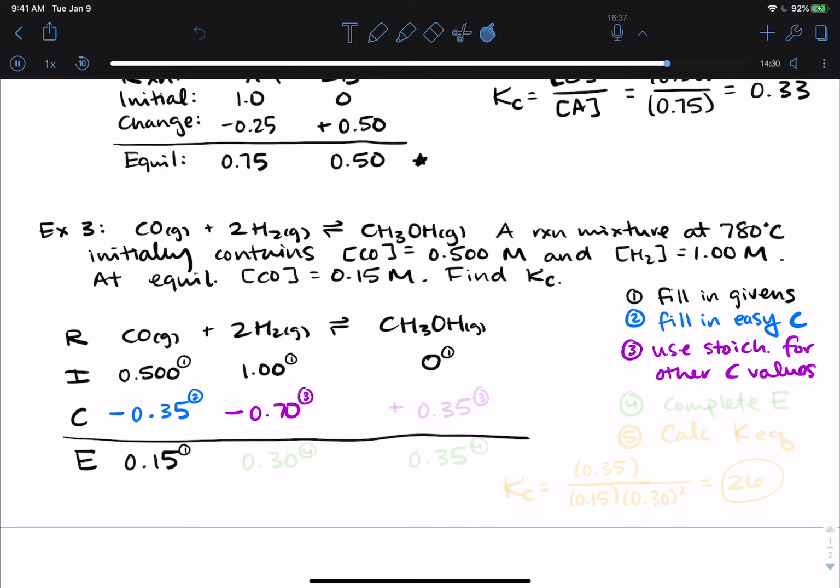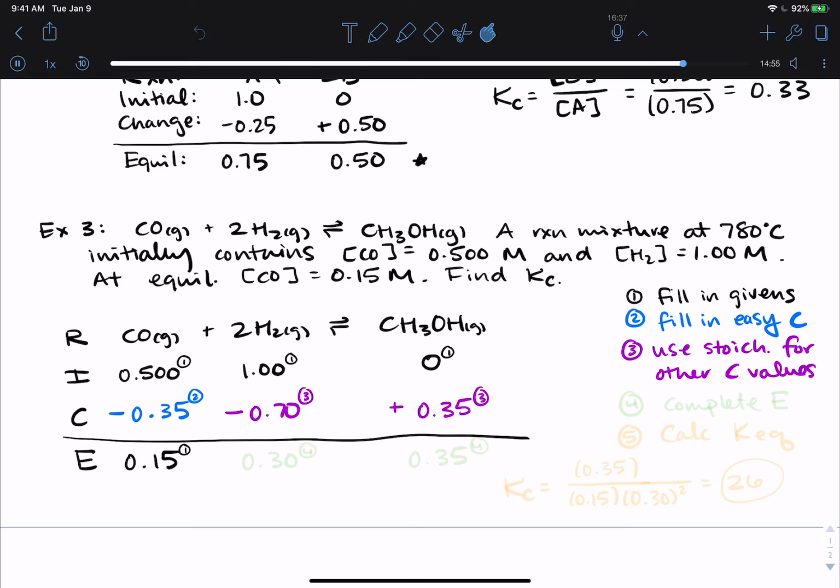That's going to be a step 3. Now that goes down because it was also a reactant. The product gets a plus sign because I'm making product. And for every 1 mole of CO, I make 1 mole of CH3OH. So this is going to be a plus 0.35. That gets a 3 label because it's our step 3.